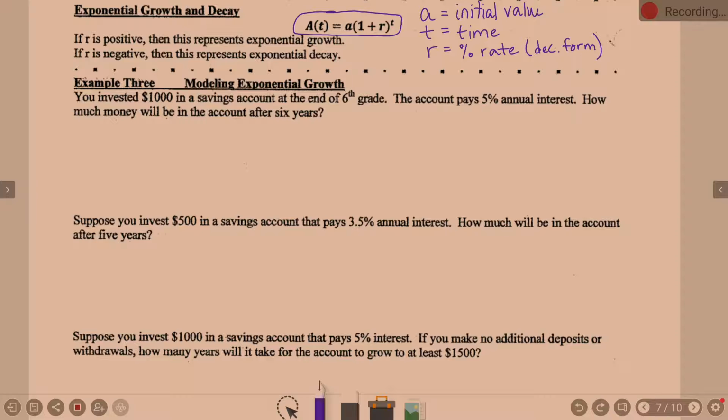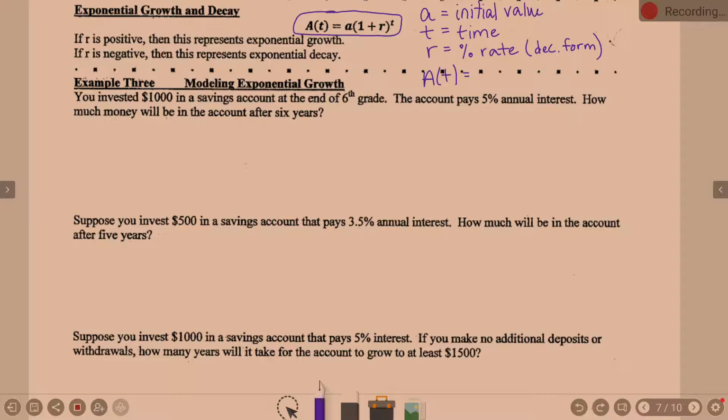And then the other piece I want to mention here is the A of t at the beginning. Officially it's the amount after time t. Probably a better way to put it is the balance. If we're thinking in terms of money, it's the balance after time t.